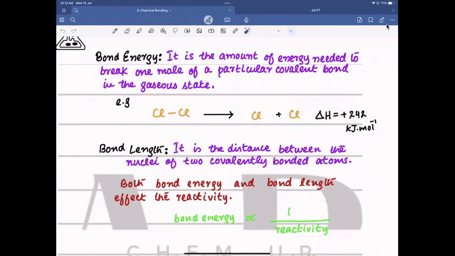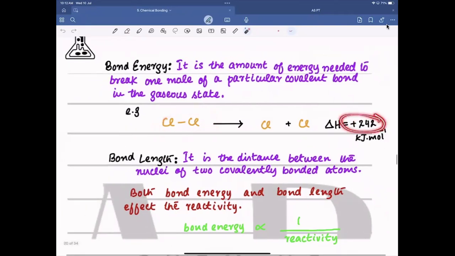Okay, so see, from this energy, what can we figure out? The value of this energy will help me to figure out the strength of the bond, right? Yes, sir. If it's greater, then it means that bond is strong, right? And if the value is smaller, then this bond is weaker, right?